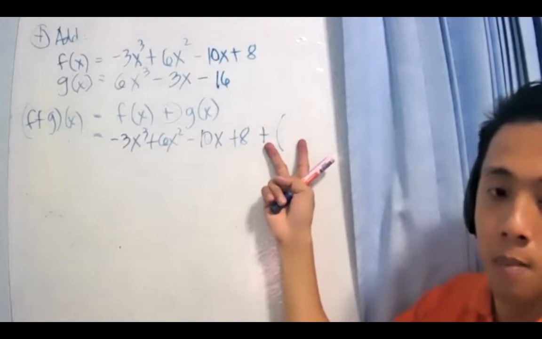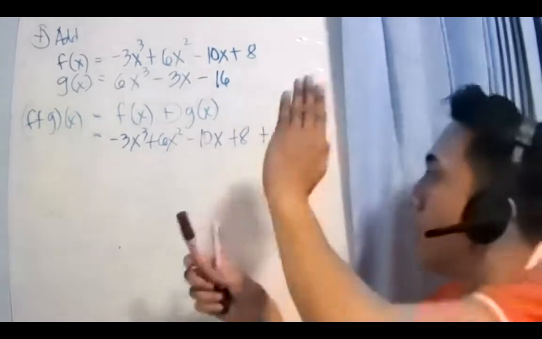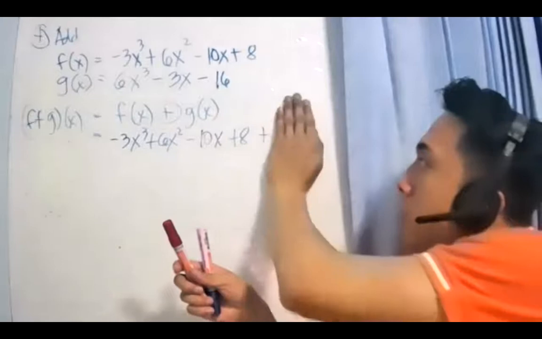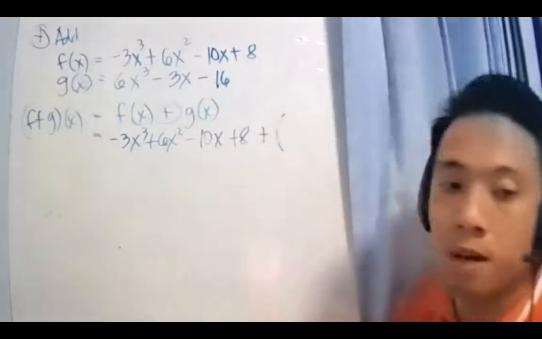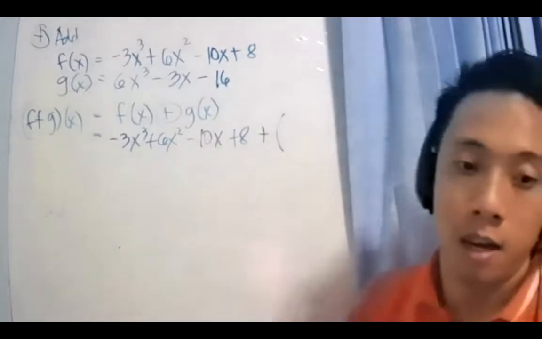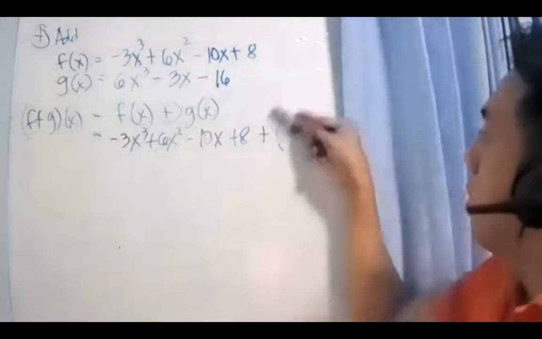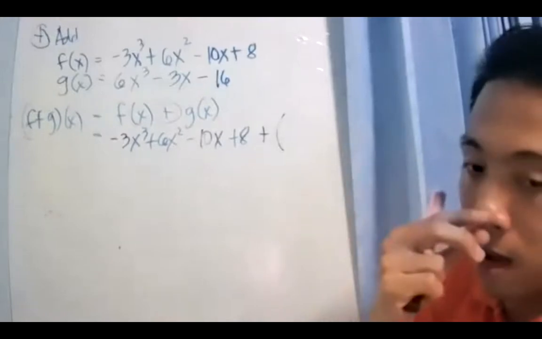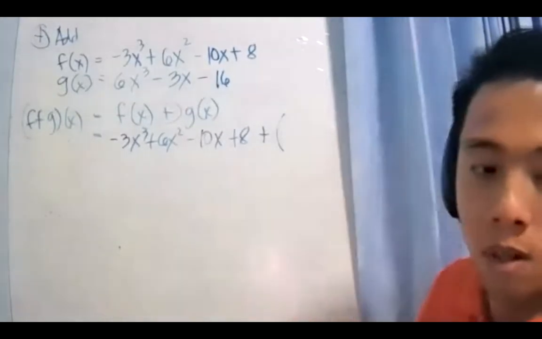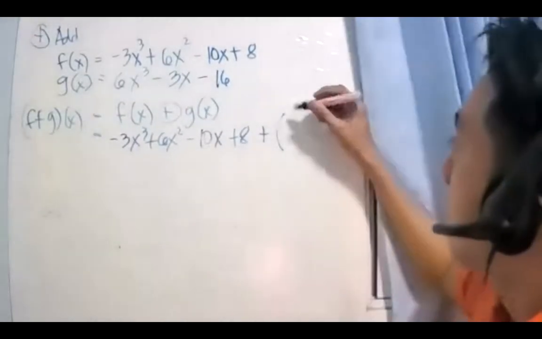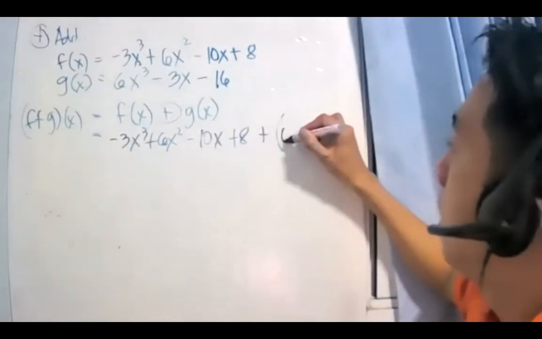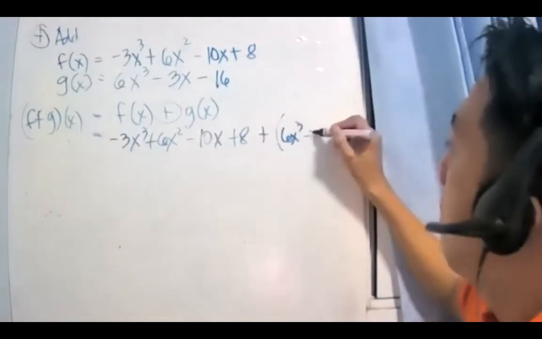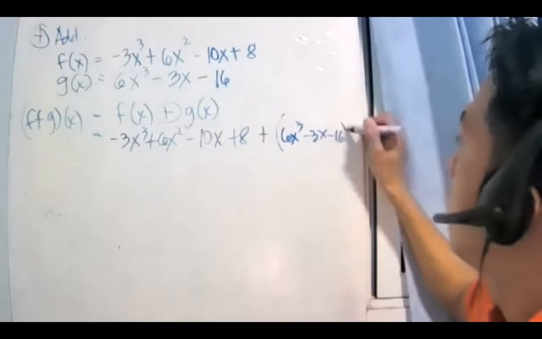Para hindi kayo maguluhan. Kasi kapag nilagay mo na agad yung plus dyan, magkakaroon ka pa ng minus, mahirapan ka na mag-identify. So don't forget to write open parentheses. And of course, at the end of the equation, the close parentheses. Okay? So we have 6x cubed minus 3x minus 16.